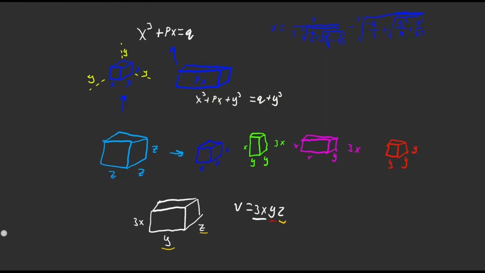And that's basically the reason we have our substitutions, where v is equal to 3xyz, and also where we got x plus y, because here we have x plus y, and it made z, which is all of this.